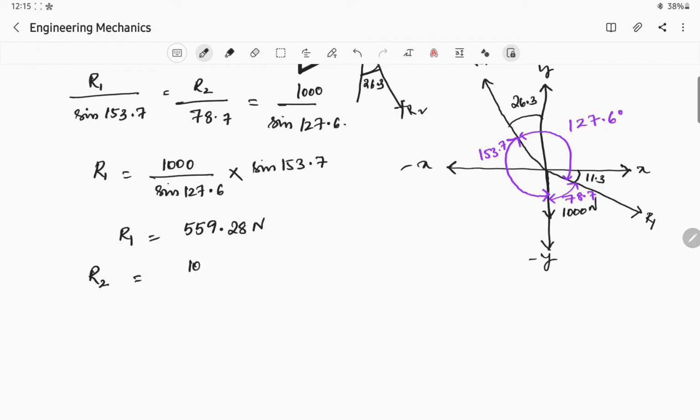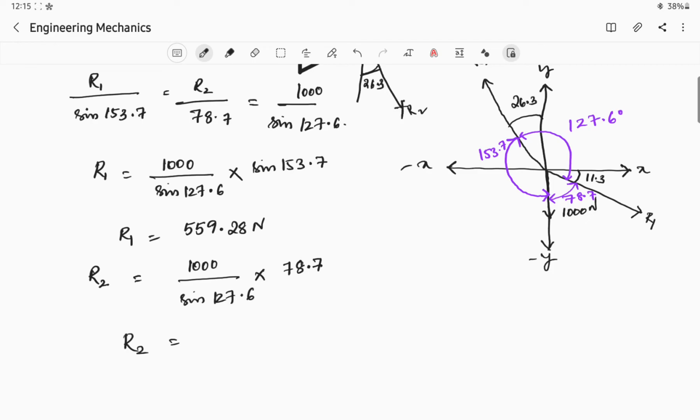Similarly, you'll calculate R2. R2 is equal to 1000 by sine 127.6 into sine 78.7.